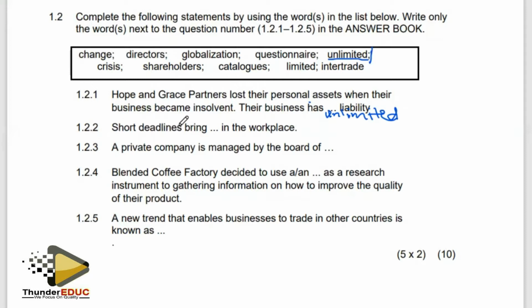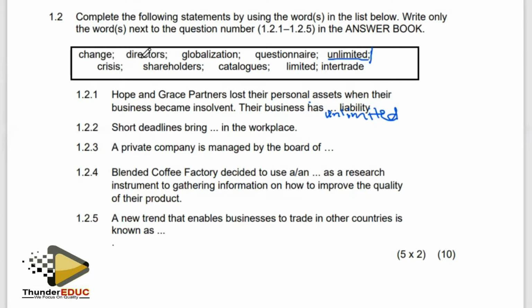Short deadlines bring dash in the workplace. We know that when you are given a deadline, that all this workload is to be finished within the shortest period of time possible, is it likely to bring a change?